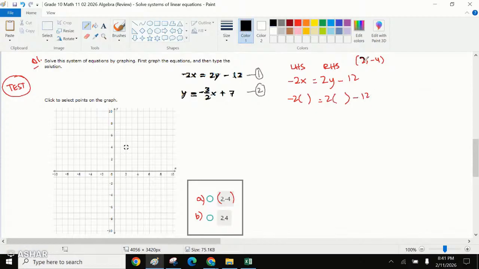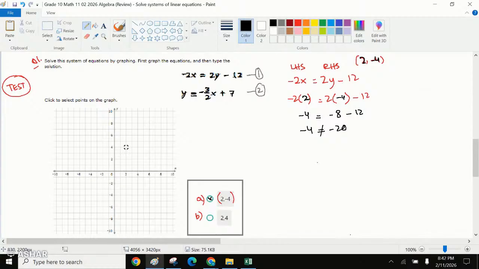X is 2, this is negative 4. Minus 2 into minus 2 is negative 4. Minus, this would be negative 8, negative 12. We can say minus 4 is not equal to minus 20, right? That means this is not the answer.